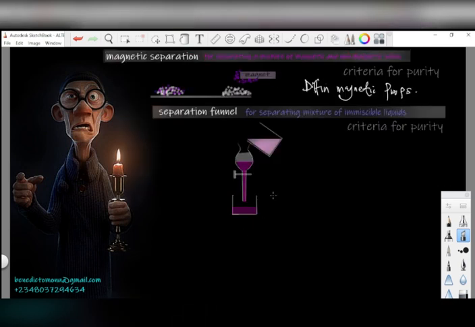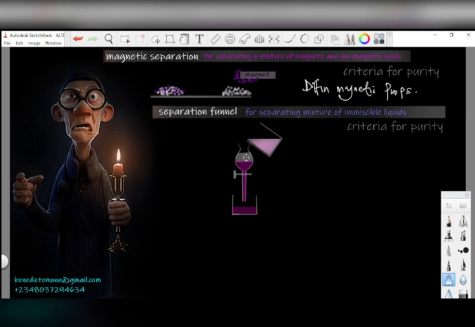After magnetic separation, we have the separating funnel. This is what a separating funnel in the lab looks like. It is a glass container that has a nozzle like this, that has a tap also. You introduce your mixture here, and these are immiscible liquids. Since they are immiscible, one of them is going to have a higher density than the other. So we allow it to stand. The one with the higher density will settle down.